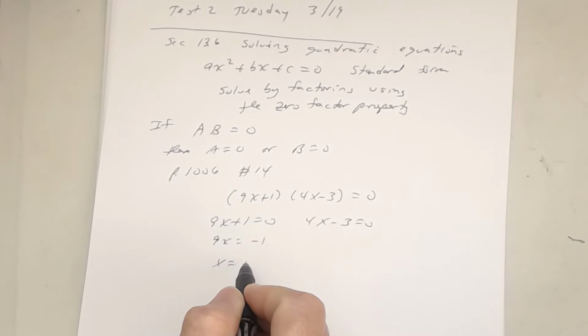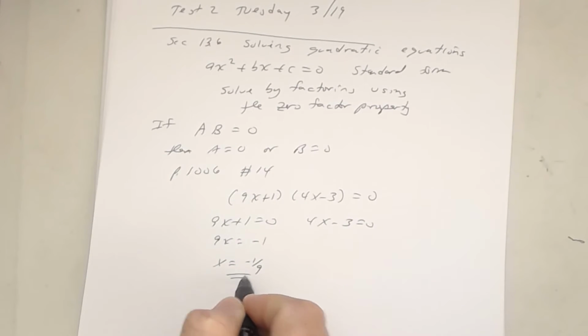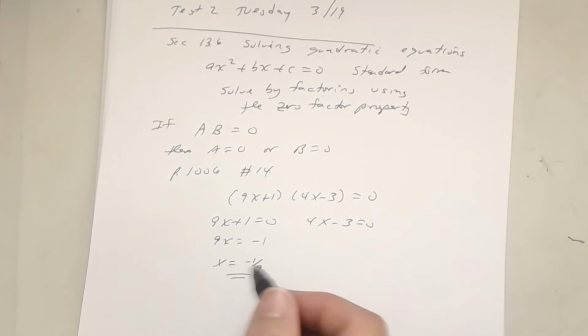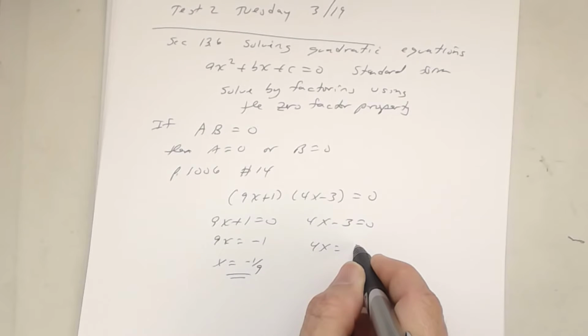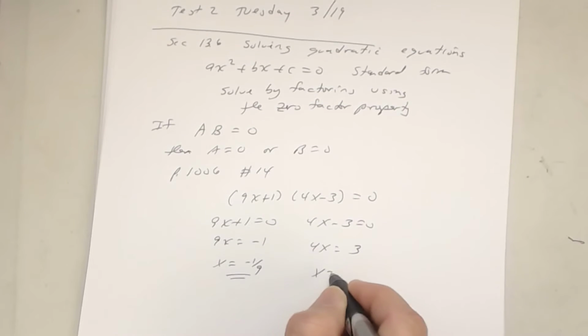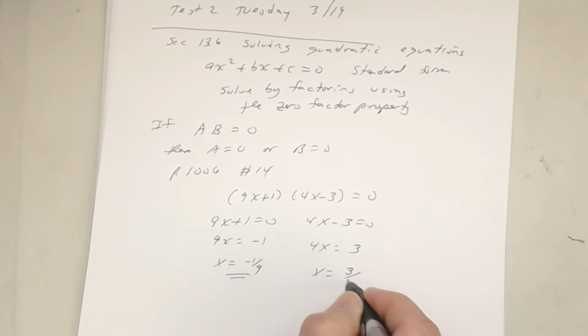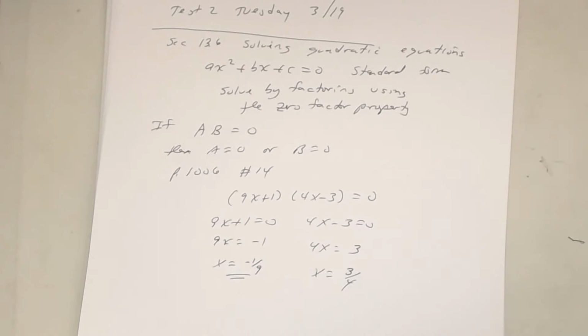Divide both sides by 9. Negative 1/9. Y'all agree? I kind of skipped a step there. I thought that at this point you knew you'd have to divide both sides by 9. So negative 1/9, right? Over here, what does 4x equal? 3. So therefore, what does x equal? 3/4. Okay, so those are your two solutions.